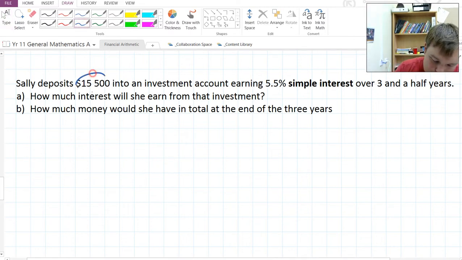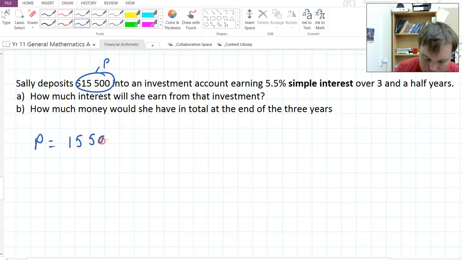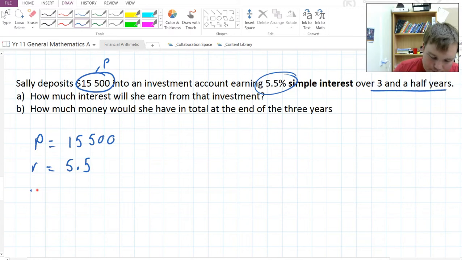You have P. Principal, that's the amount she deposits at the start, is $15,500. And it's in the correct form, it's in dollars. Rate is 5.5. And we can leave it as a decimal, like that. Time, 3.5.